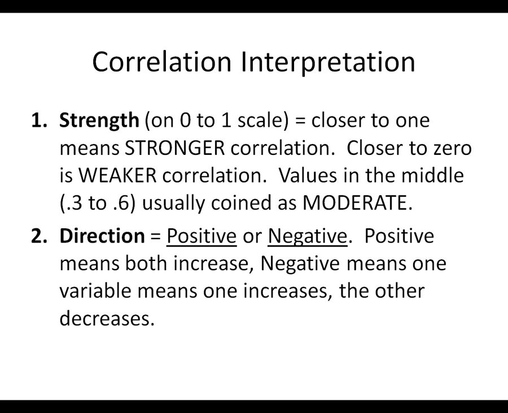A lot of times you're going to find correlations in the 0.3 to 0.6 range. In the research world, we tend to classify them as moderate correlations. Now, direction. That's simply whether or not that value is positive or negative. If it's a positive number, that means both variables have values that increase. As one increases, so does the other variable.